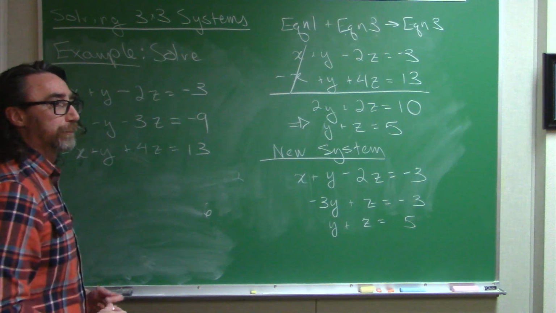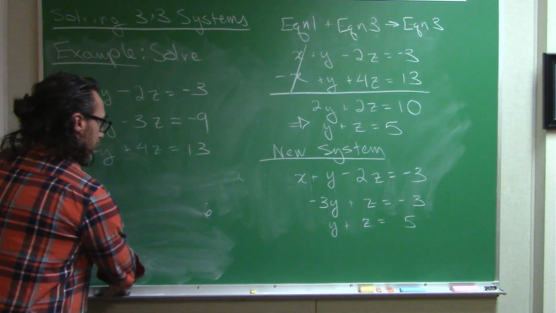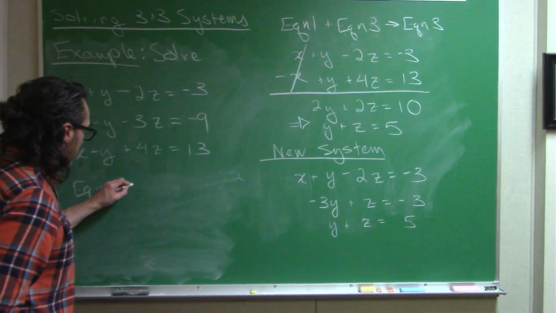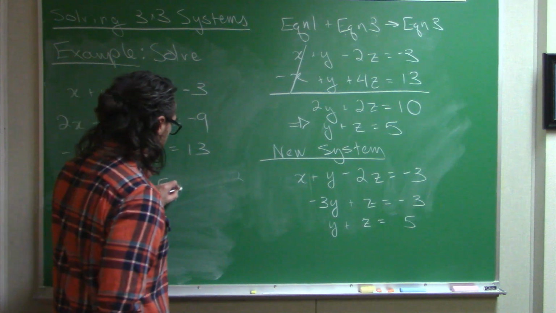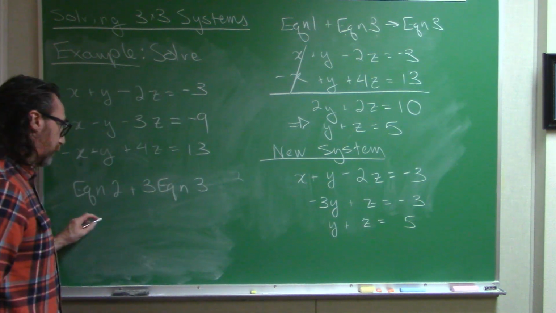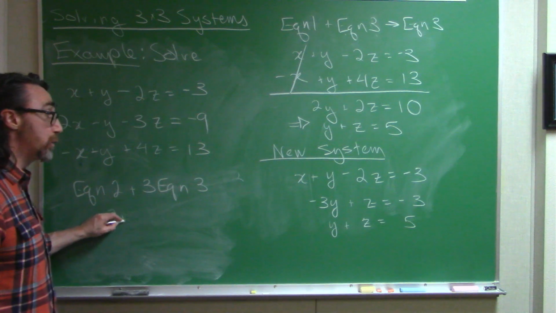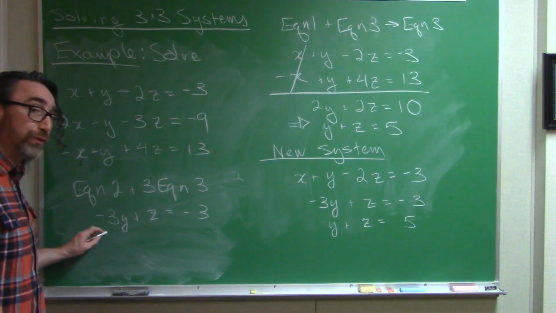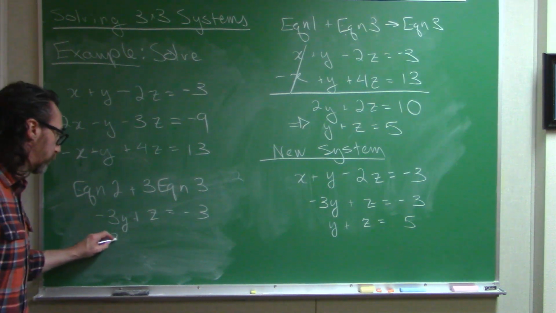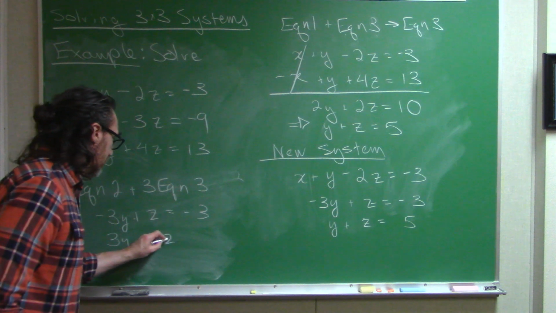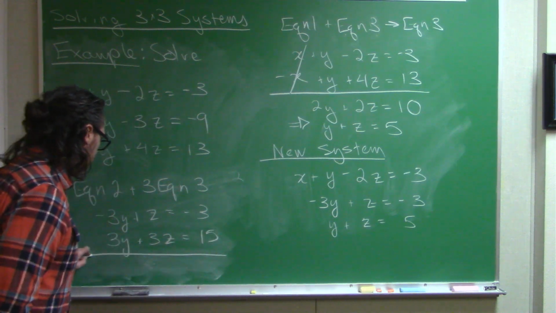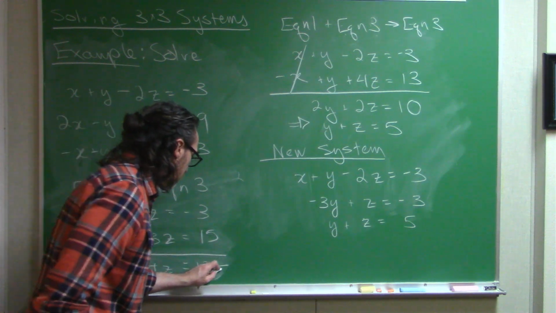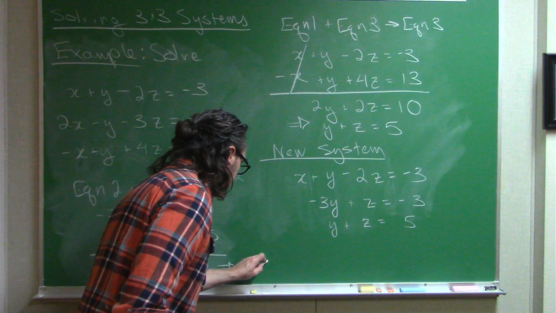It's going to be equation 2 plus 3 equation 3. So equation 2, remember we're using the new equation 2. Now 3 equation 3. So 3y plus 3z equals 15. Cancels. 4z equals 12. And of course that implies z equals 3.